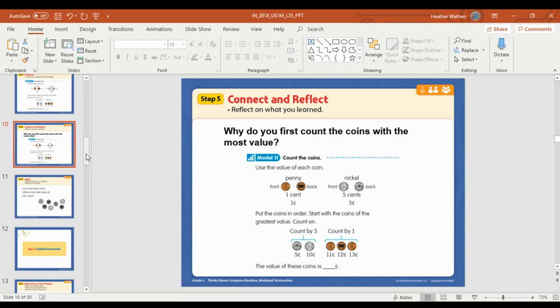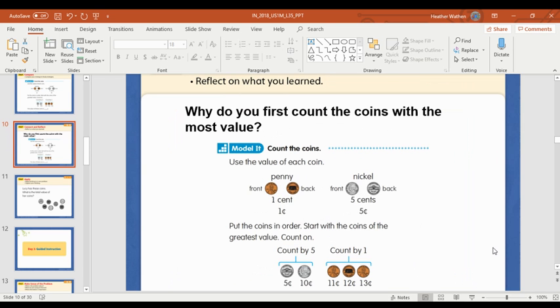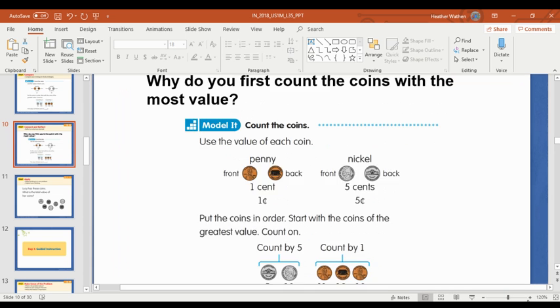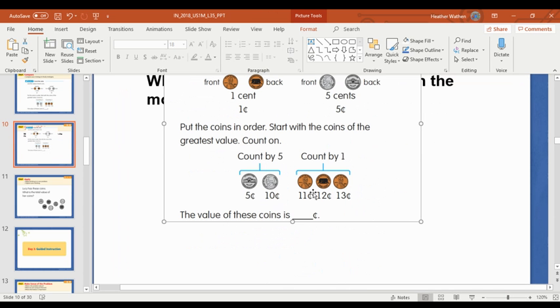Well, if you count the pennies first, you might get a value of 3 or 4 cents, and then it would be harder to start there and then count by fives. If we go backwards here, let's try that. If you started counting with your pennies here and you went 1, 2, 3, and then you had to add a nickel, which is worth 5 cents, you'd have to go 3 + 5 = 8.